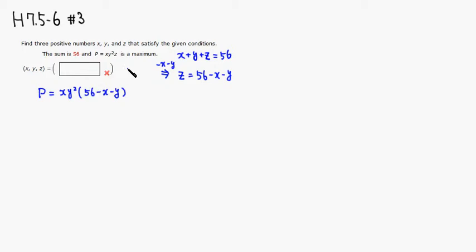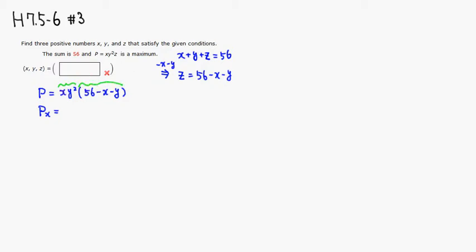Then we can take the partial derivative to find the critical point. Let's take the partial derivative with respect to x. Since we have 2 things multiplied together, we probably have to use the product rule unless we multiply it out.